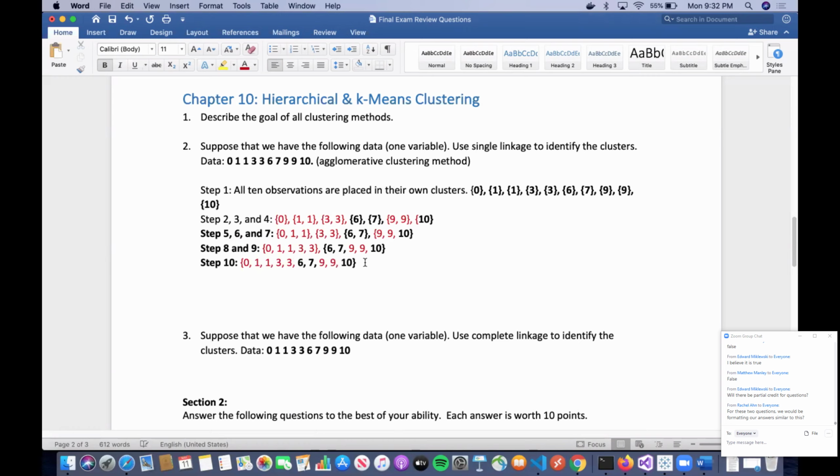And this will be the end because every value has been accounted for. Once we reach this point, that's going to be it. So the algorithm searches the distance matrix for what's closest, and this will be the end of our single linkage.